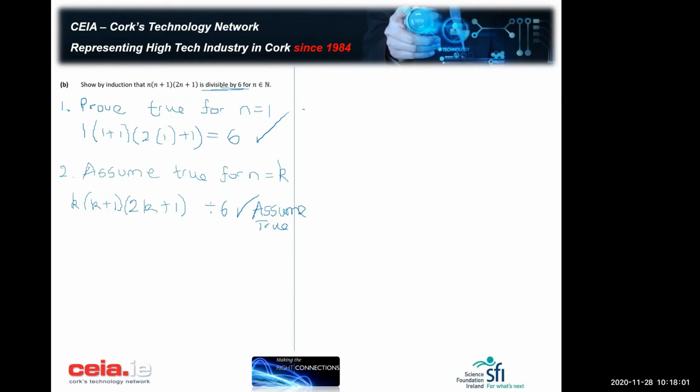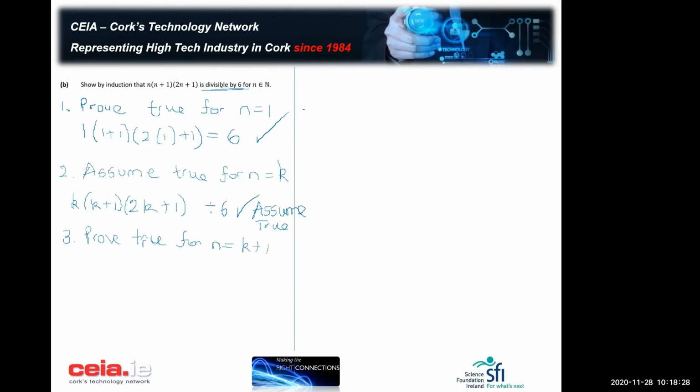So there's nothing challenging in this except that you've got to memorize the steps. You write down your step 1, you write down your step 2, and step 3 then is you have to prove it's true for n is equal to k plus 1.